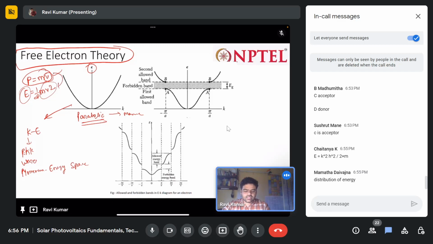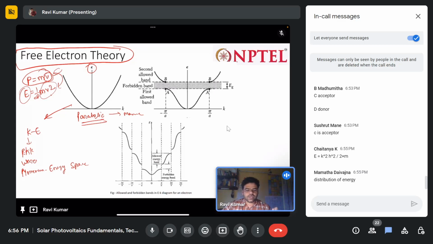So if we square v in terms of p, then we will get this parabola. Yes, Chaitanya, you are right. And Mamta, you are saying distribution of energy. It's about energy only, the distribution of energy having different k values.